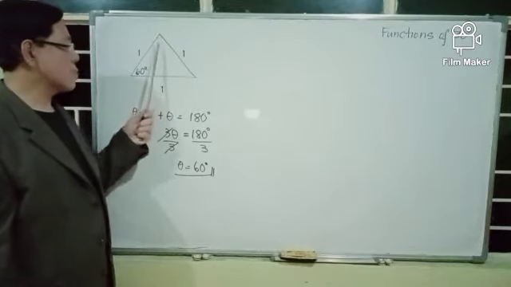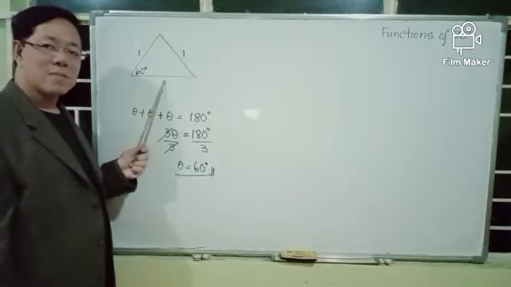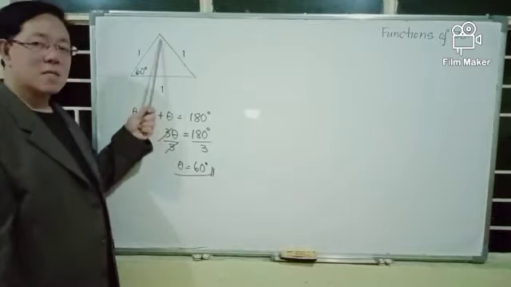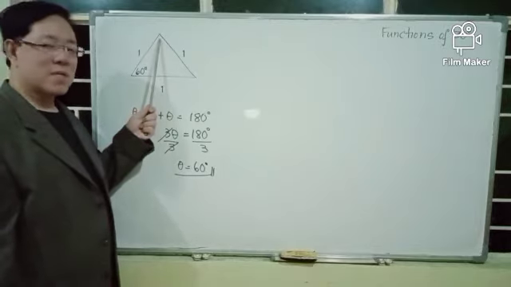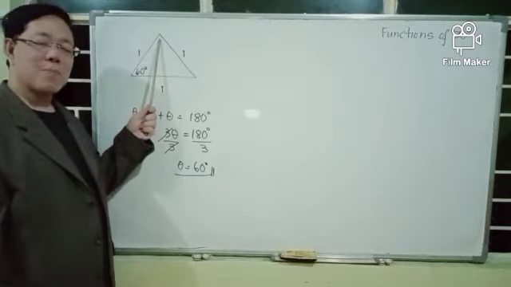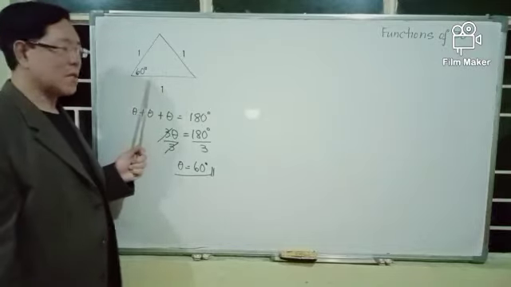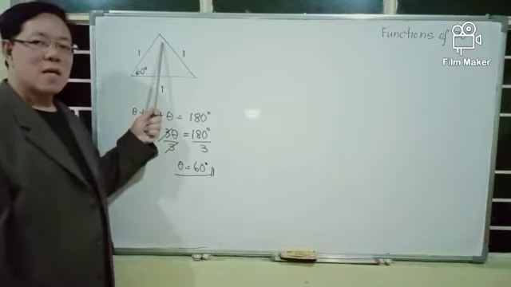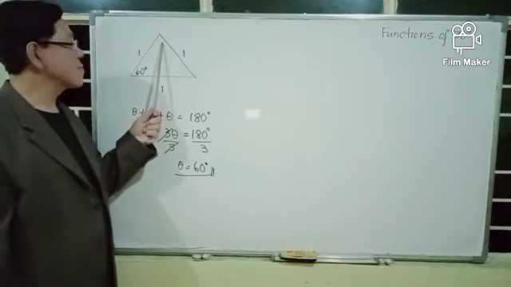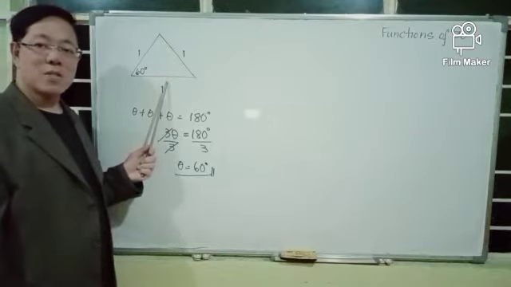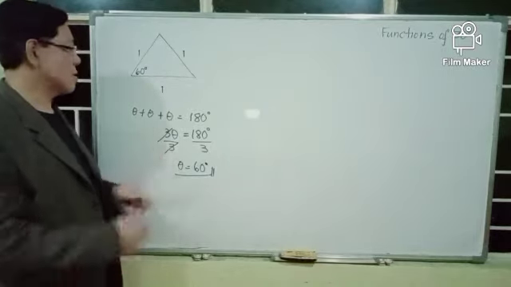From this vertex, we drop a perpendicular to the opposite side. This is the side opposite this angle. And from the vertex of this angle, we drop a perpendicular to this side of the right triangle, the side opposite this, and that perpendicular line to the opposite side will pass through the midpoint of the opposite side.